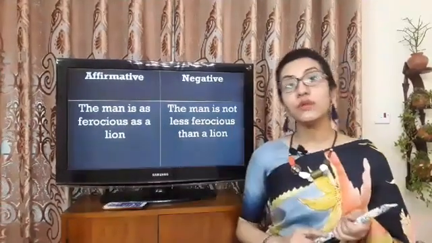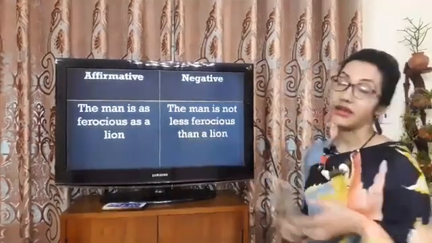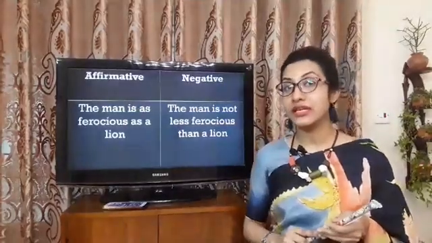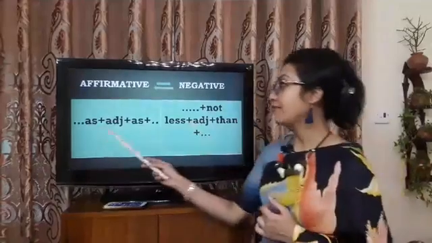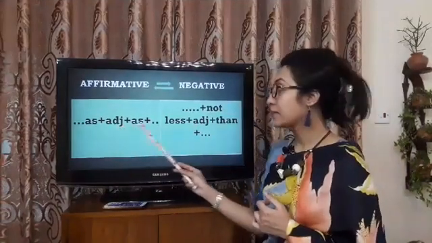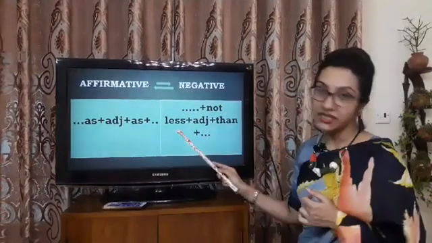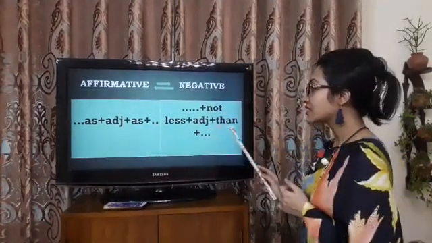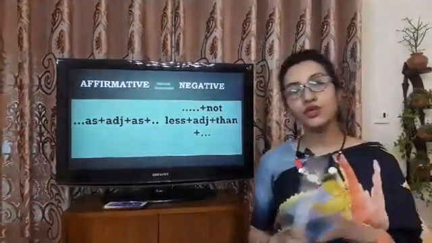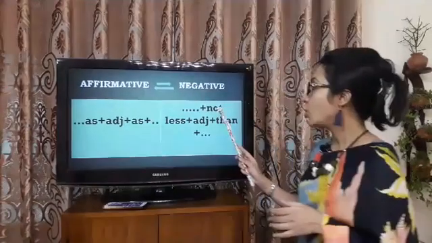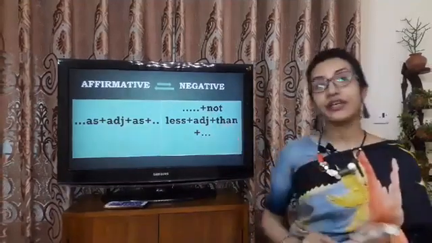So এক্ষেত্রে যখন আমি নেগেটিভ করেছি, দেখো, we have used not less than. So the rule is, if you have as plus adjective plus as in an affirmative sentence, then in the negative you are going to write not less plus adjective plus than and then the rest of the part. আমি সব কিছু কিন্তু সেমই রেখেছি, জাস্ট not less দিয়ে adjectiveটা লিখে than ইউজ করে দিয়েছি.